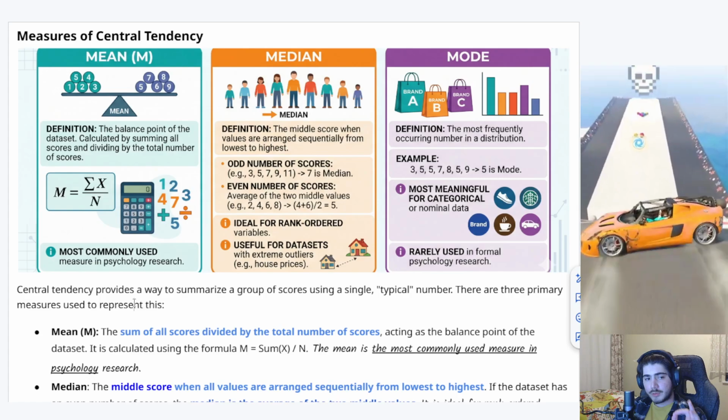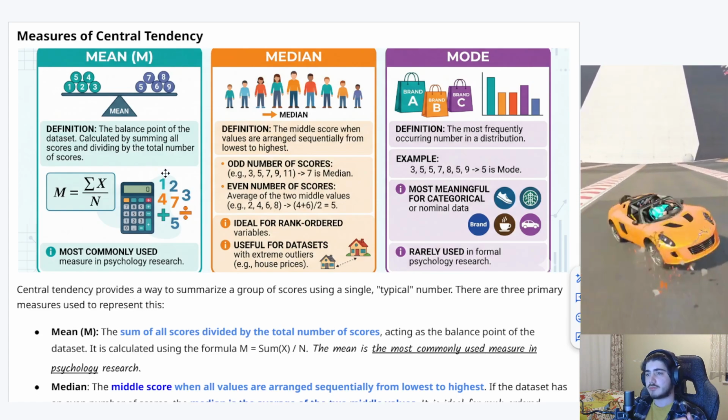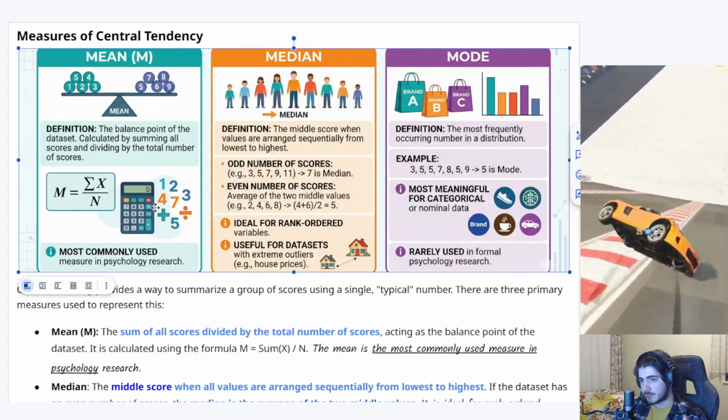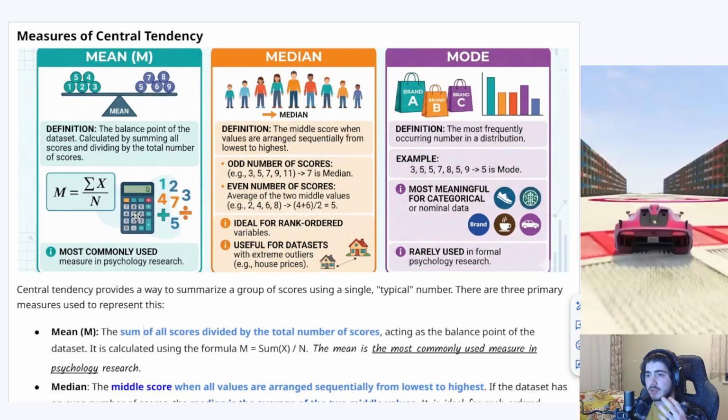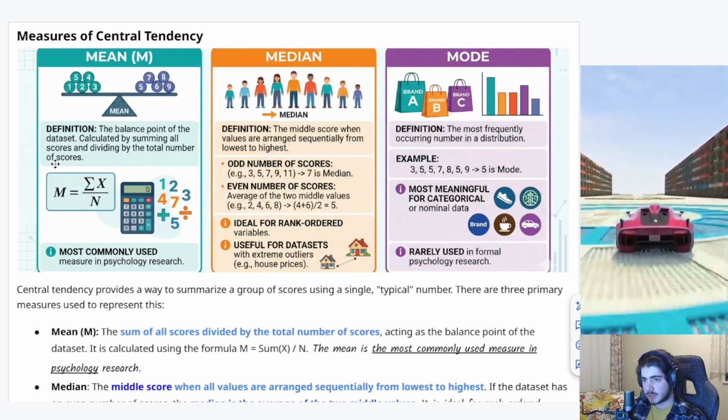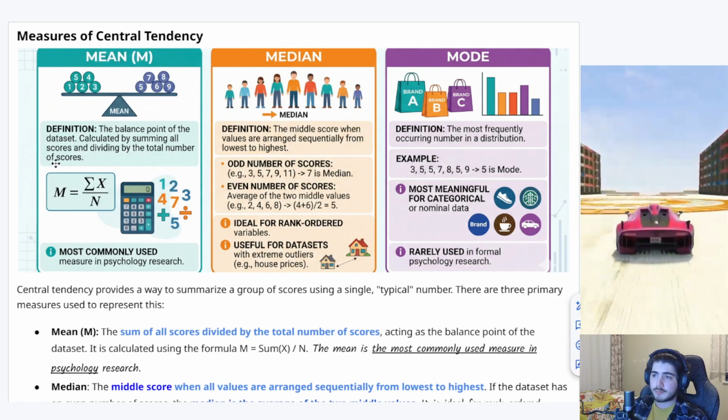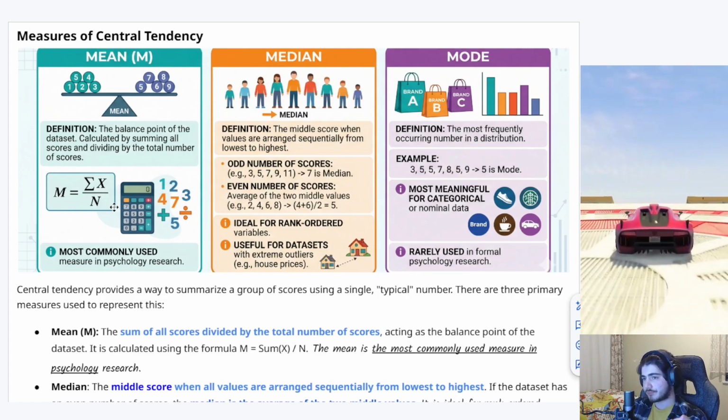Now, there are different ways to calculate the mean, but let's look at the most basic way. The most basic way that we learned is by summing all of the scores and then dividing by the total number of scores.